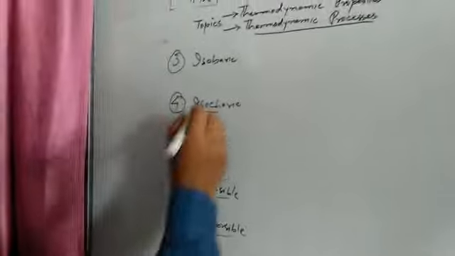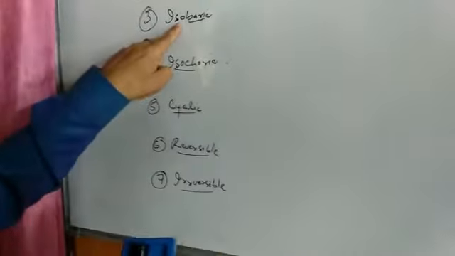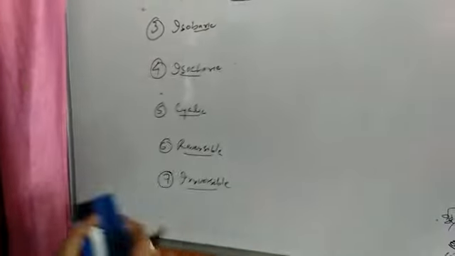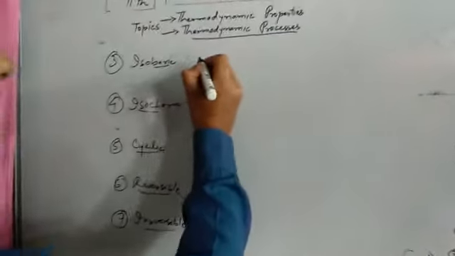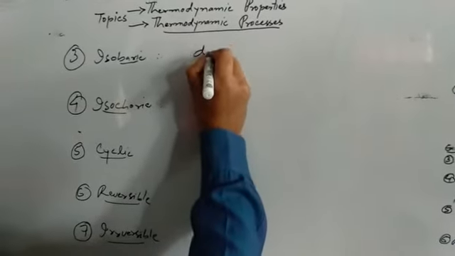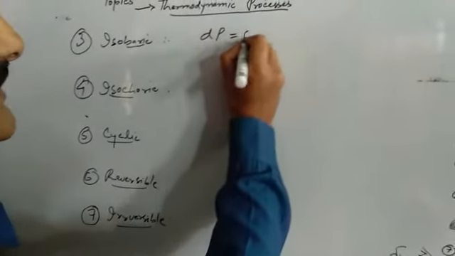Coming to isobaric, bar stands for pressure and iso means same. So what are these thermodynamic processes? These are those thermodynamic processes in which delta P, that is change in pressure, is always equal to 0.